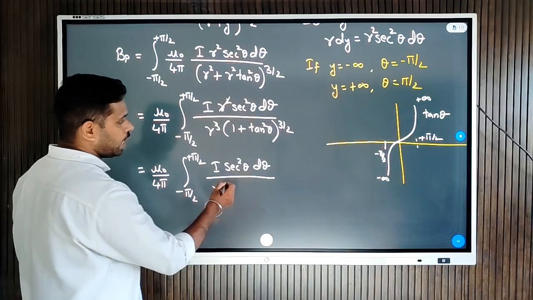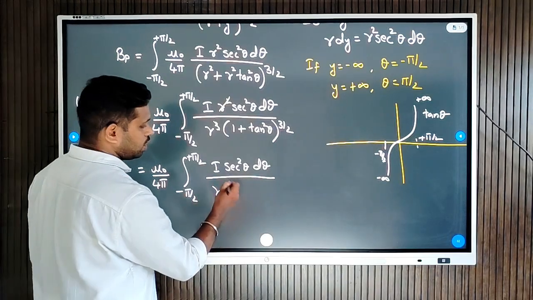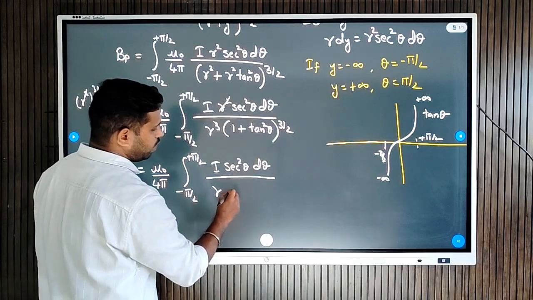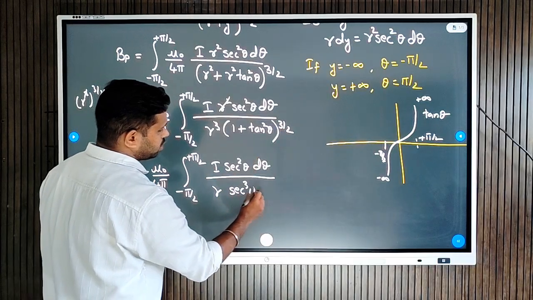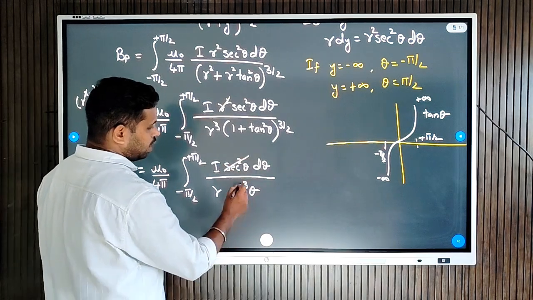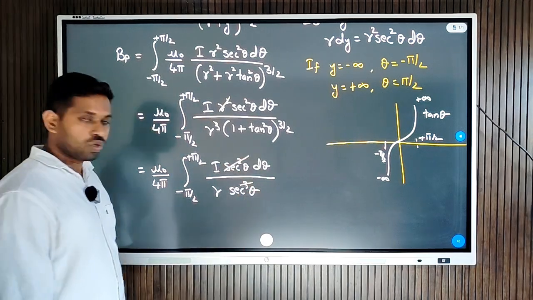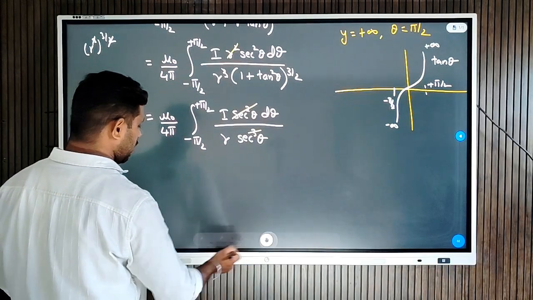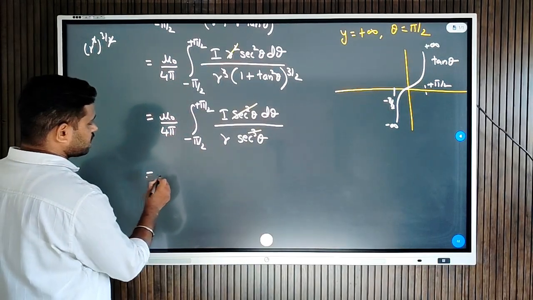What is 1 plus tan squared theta? We know the trigonometric identity, that is sec squared theta, again raised to the power 3 by 2, so that will be sec cubed theta. Here I have sec squared theta and here it is cubed, so that will also go. So what am I left with finally? Things have become very simple.